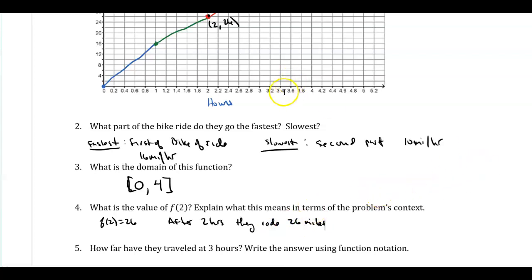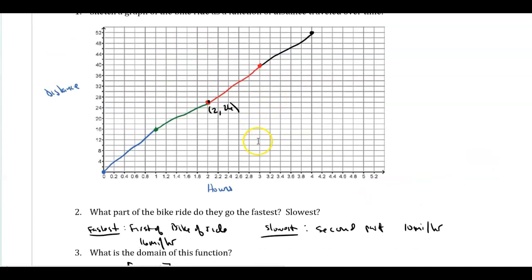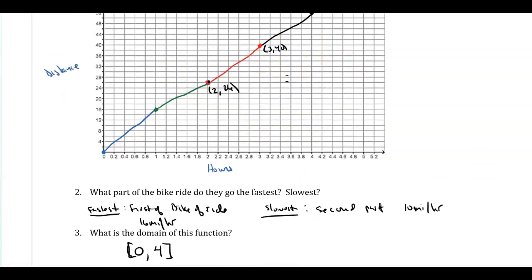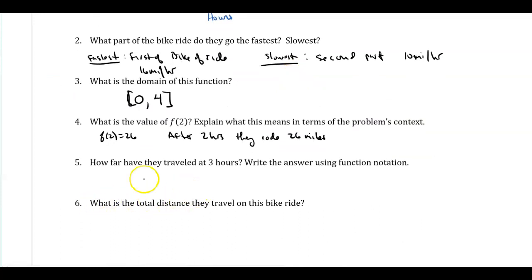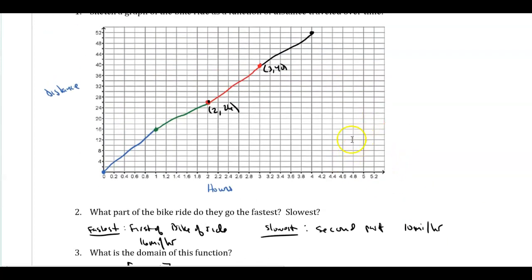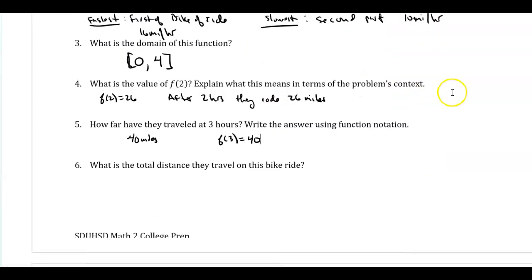How far did they travel after 3 hours? So when x is 3, y is 40. So they went 40 miles, right? Which means f of 3 is equal to 40. What is the total distance they traveled on this bike ride? Well, after 4 hours, they had gone 52 miles.